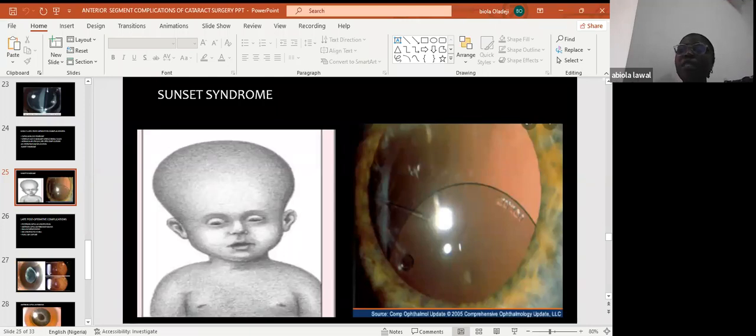If it is not well aspirated following surgery, and you have some visco trapped between the posterior capsule and the IOL, it can cause this block because it could push the IOL forward, opposite to the anterior capsule, and then there's opposition of the iris to the anterior capsule. So that can cause the block, the syndrome.